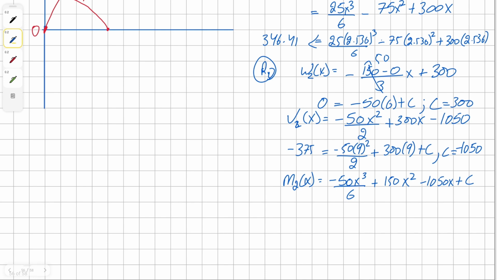We know our moment is going to be 0 when x is 6. And solving for our constant, we get our solution as 2700.